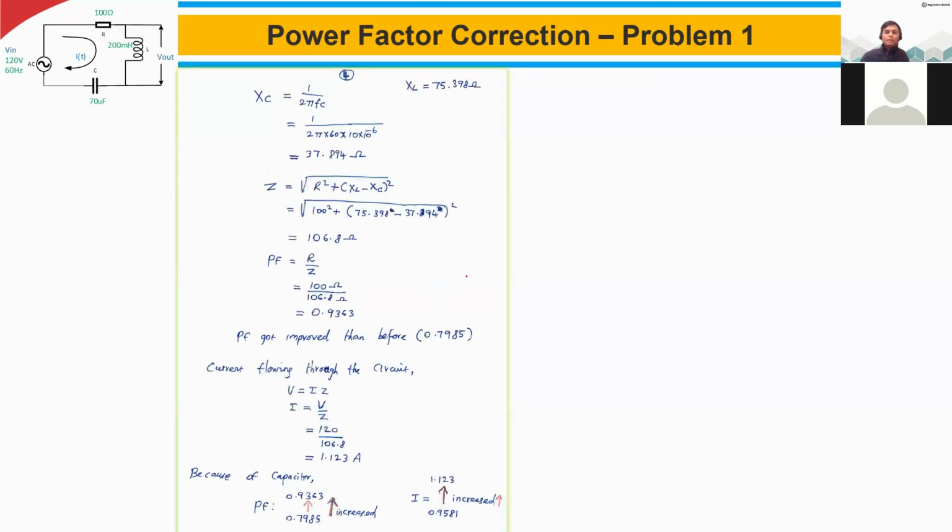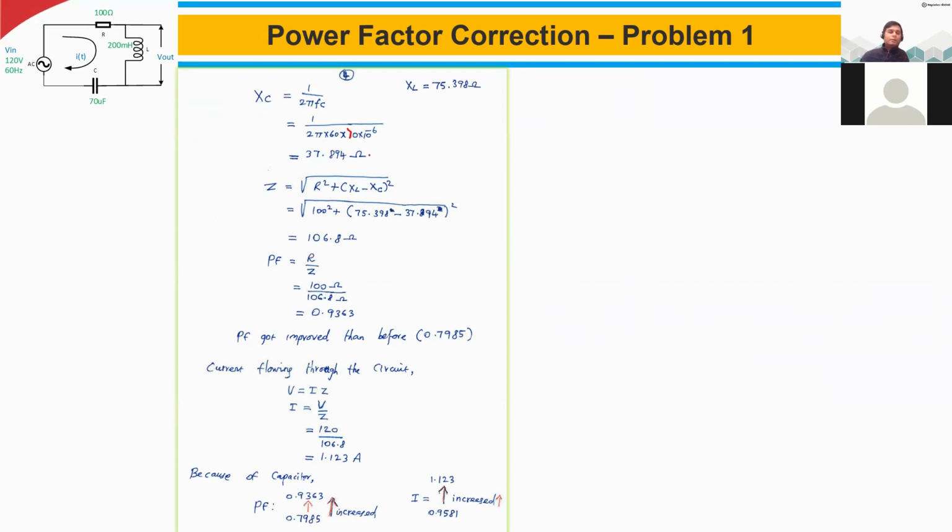So now we have to find the capacitive reactance in the same circuit. Xc is equal to 1 divided by 2 pi F C. We know all the values. 2 pi F uses the applied frequency, and C is the 70 microfarad. Yeah, I think it's 70, not 10, so please make sure this is correct.